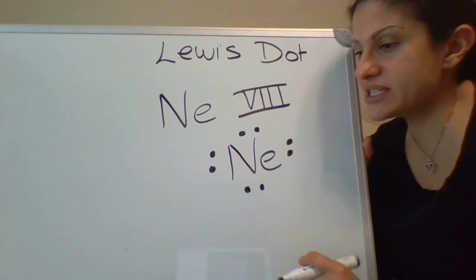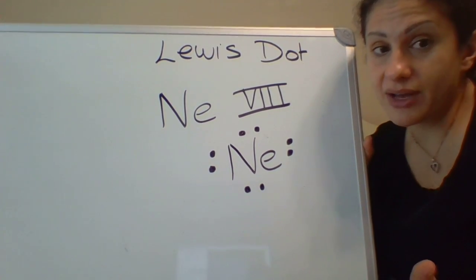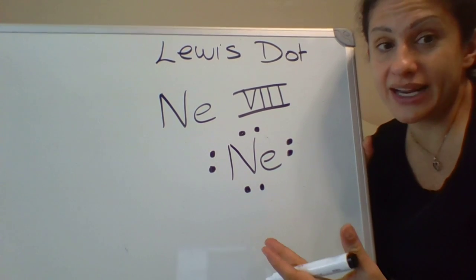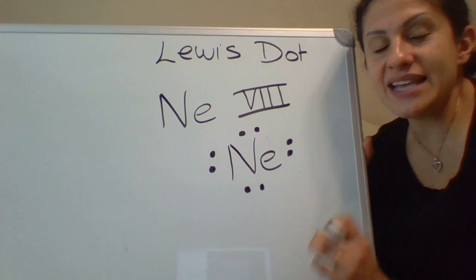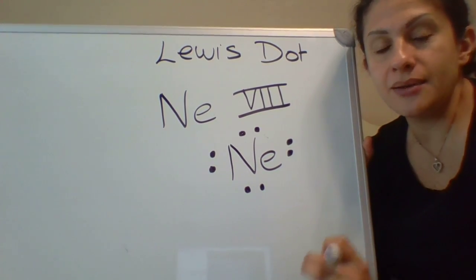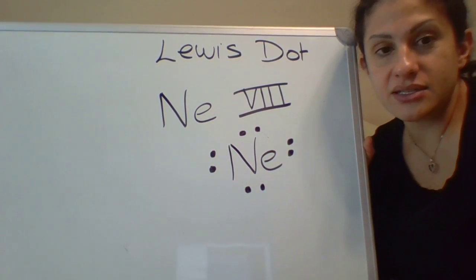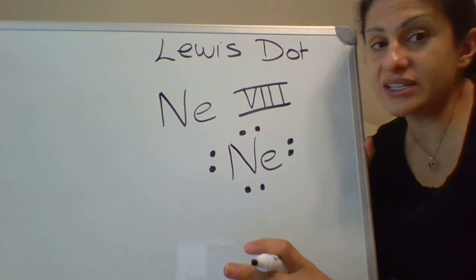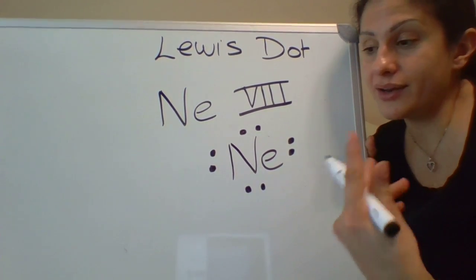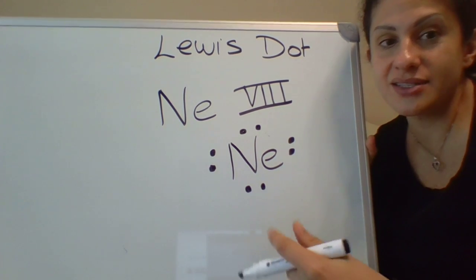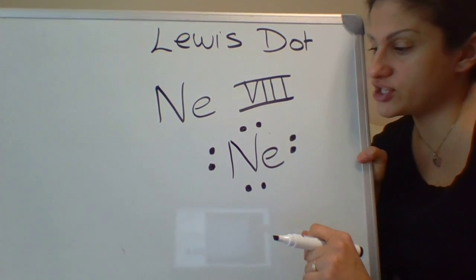What is very interesting about all the elements in group 8, we talked about them as noble gases or inert gases, is that every element in group 8 has a full shell, meaning 8 electrons. Now, the only other difference is for helium, which has 2, but remember, shell number 1 has maximum of 2 electrons, which is why helium still has a full valence shell.